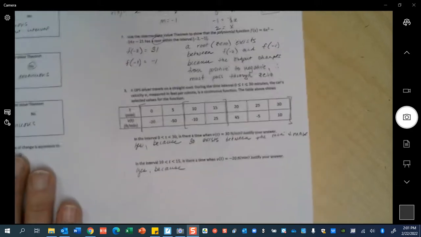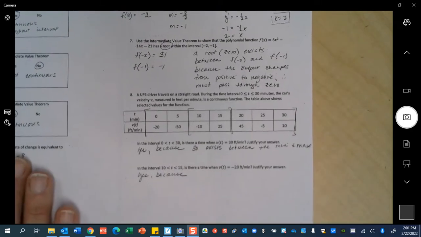So the conversation with the intermediate value theorem goes like this. It is more of a theoretical conversation. If the value of the function at the beginning of the interval is positive, and the value of the function at the end of the interval is negative, it crosses 0 somewhere.